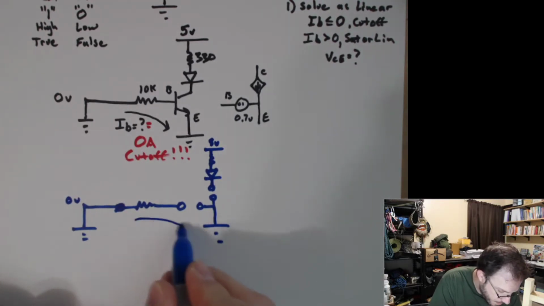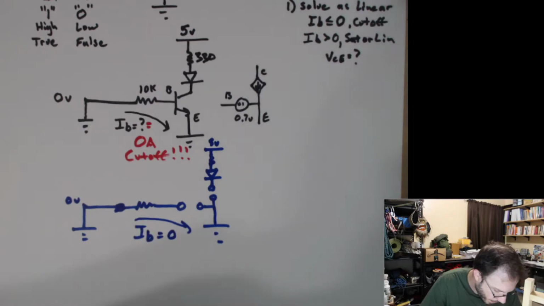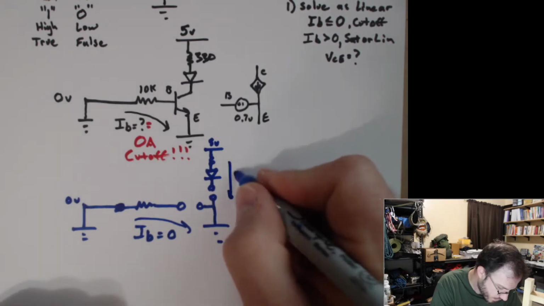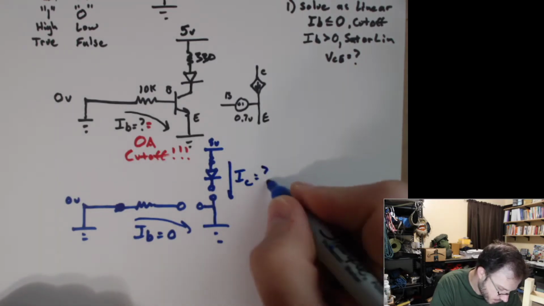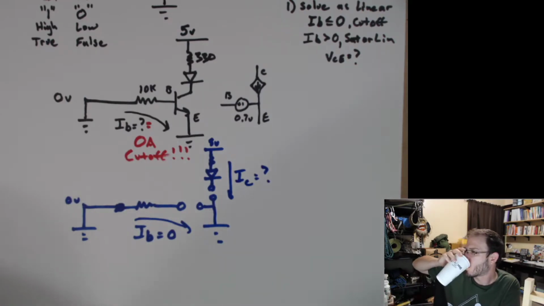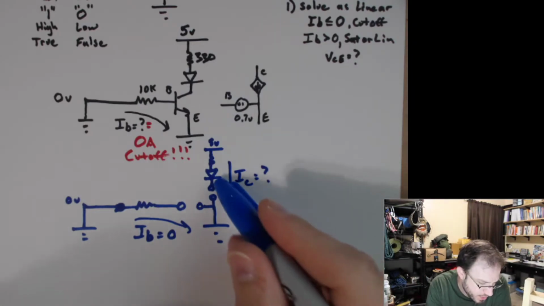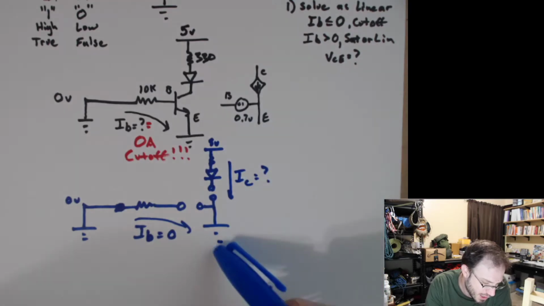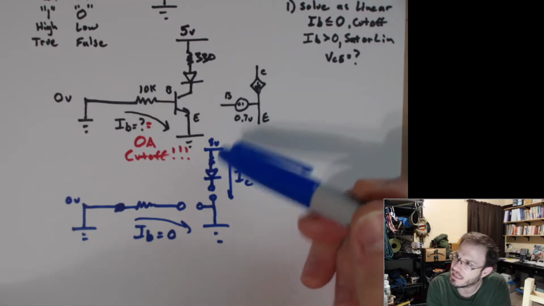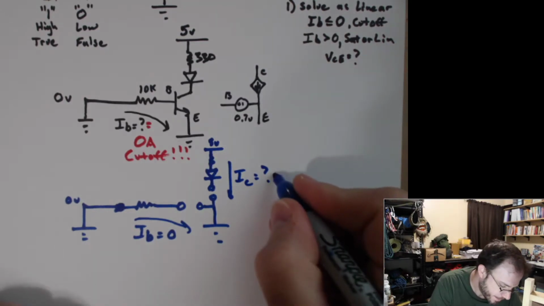We know that IB is equal to 0. What's IC equal to? Notice we have an open circuit here. We have 5 volts on one side, ground on the other side. This is essentially the same LED circuit that we've looked at. So IC is equal to 0, right?